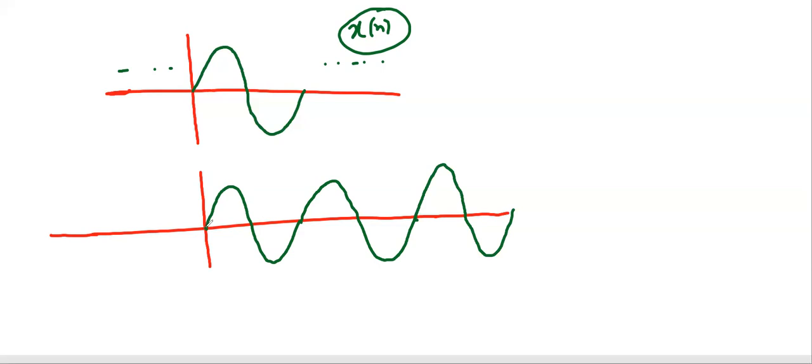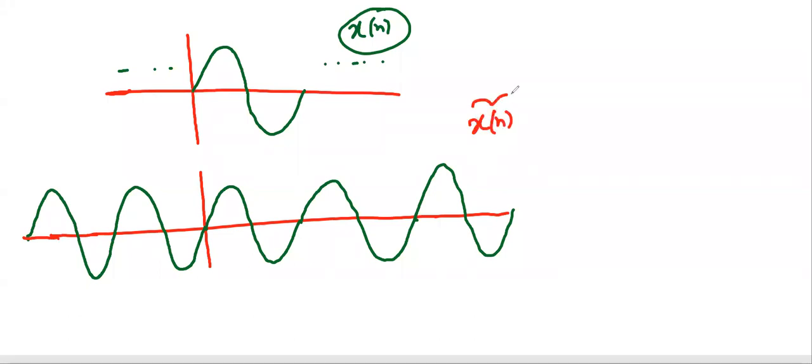Similarly, in the first section, that will repeat, and this will repeat like this. So you can understand the process. This is our x[n] period.